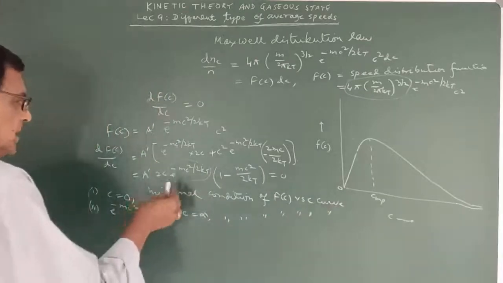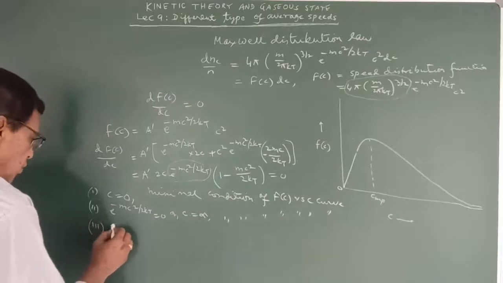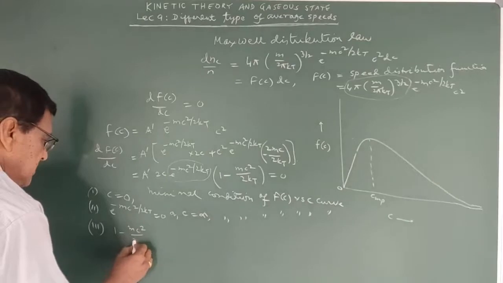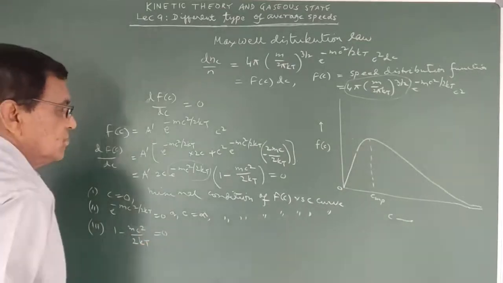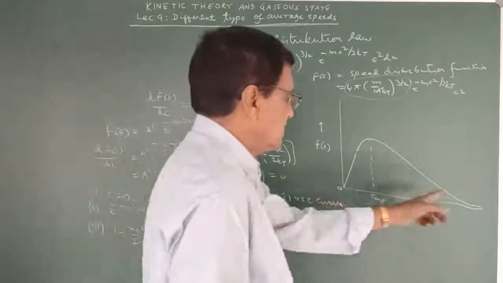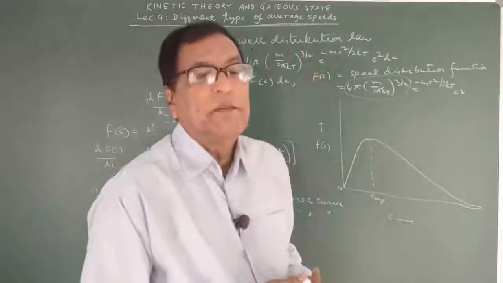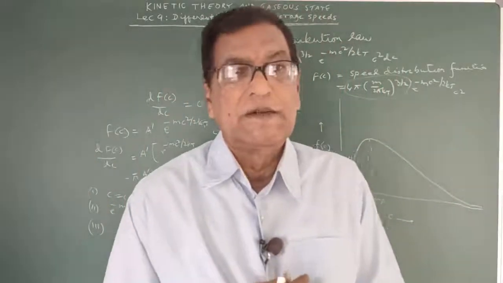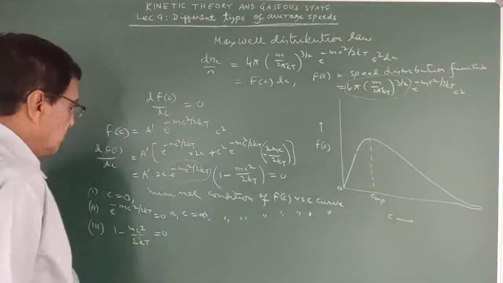Then the third one we can write: 1 minus mc² by twice kT equal to 0. While the others are minimal points, this third option will give you the maximal point of this curve, and that c is the most probable speed.